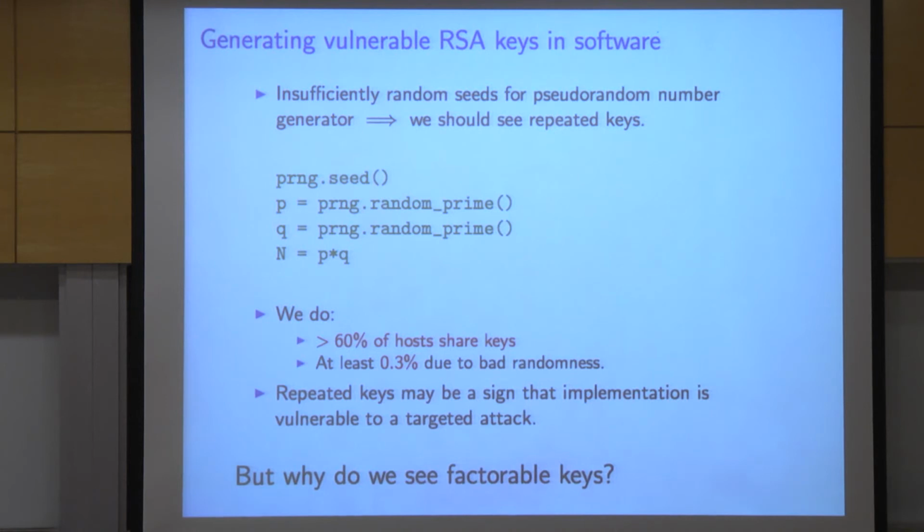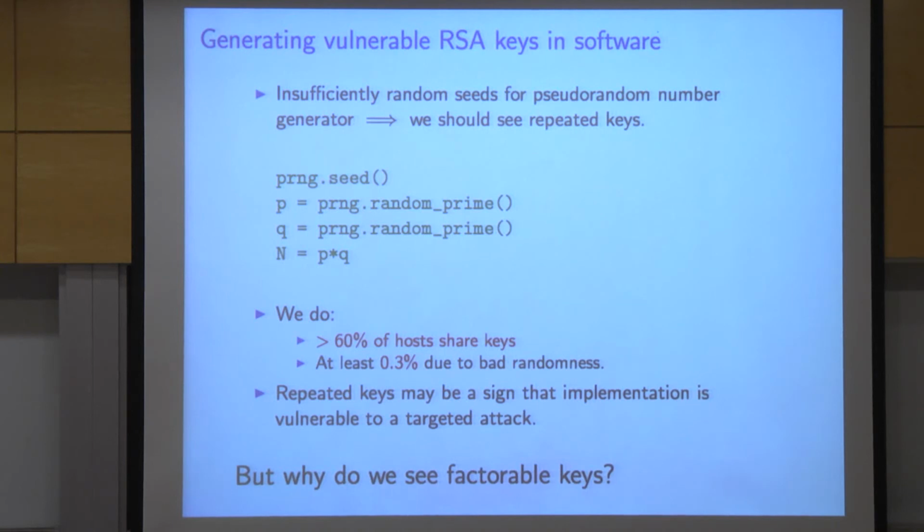And so if you think about, well, what does this mean for the crypto keys? What's the easiest way to generate an RSA key? Well, you can imagine, this is just pseudocode here, I'm seeding my pseudo-random number generator from the operating system. I use that pseudo-random number generator to generate two random primes, P and Q.